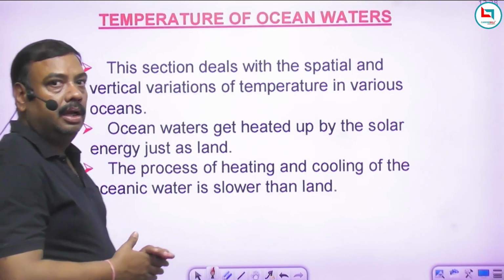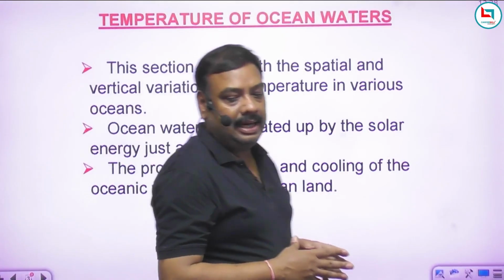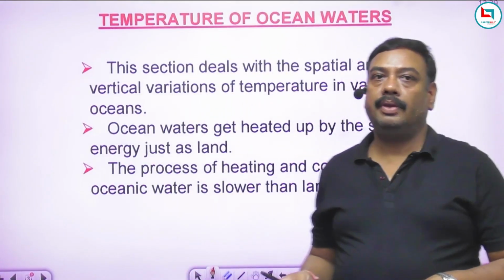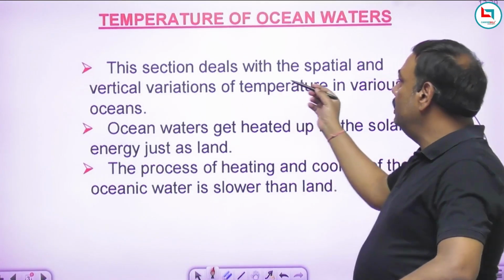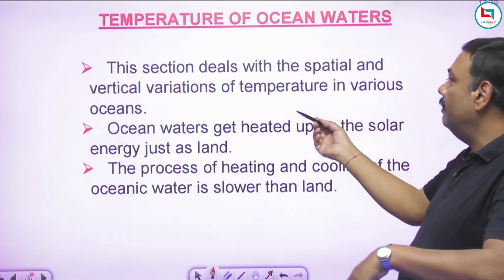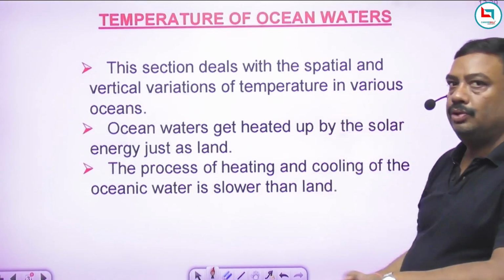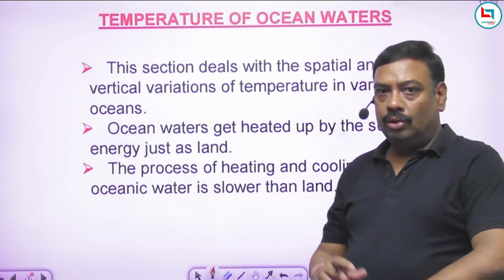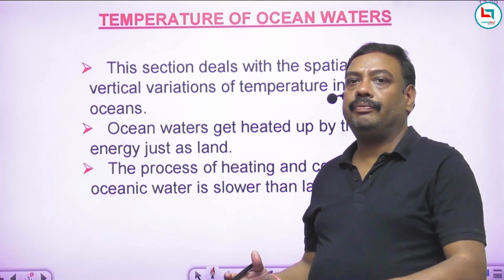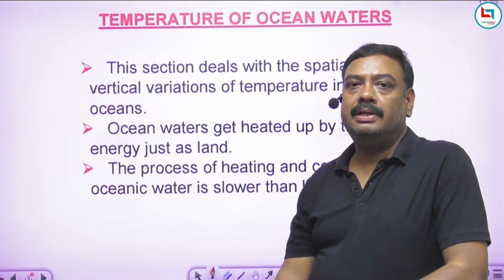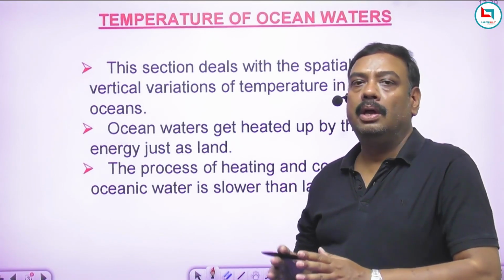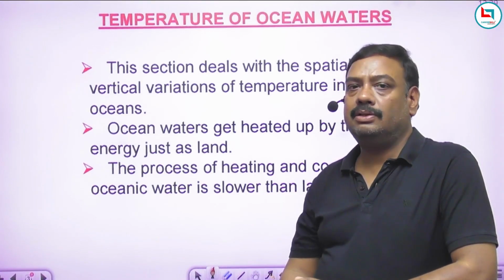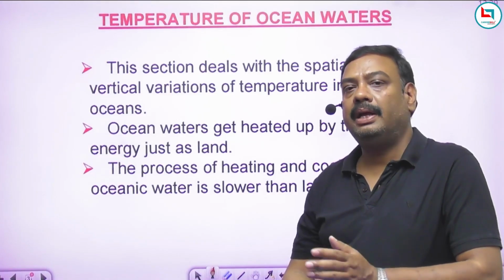Okay. Here, the first line I have written is that this section deals with the spatial and vertical variations of temperature in various oceans. Many oceans are there on the Earth's surface, but as I told you, we will discuss these in three of them: Atlantic, Pacific and Indian Ocean.